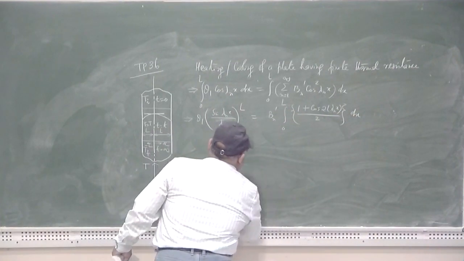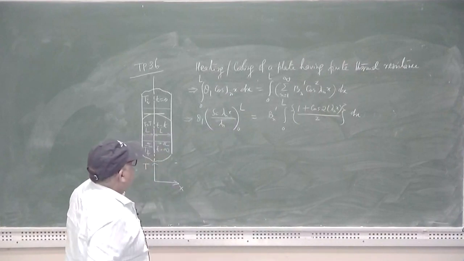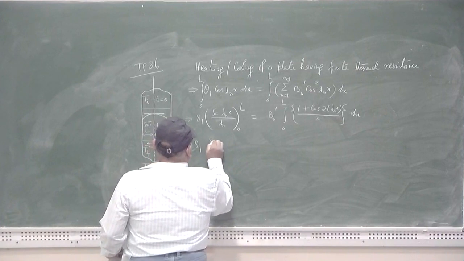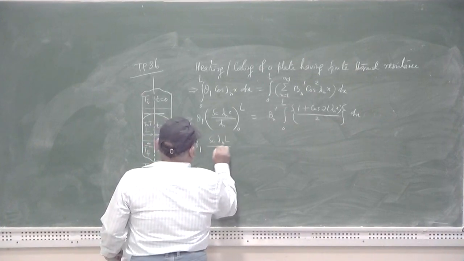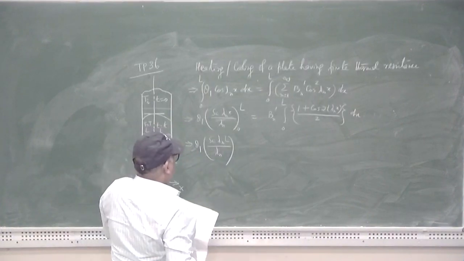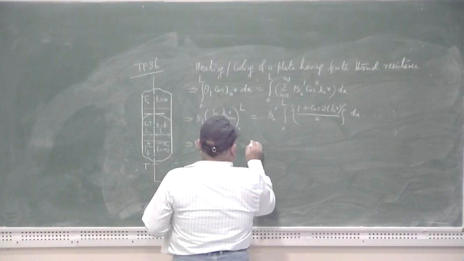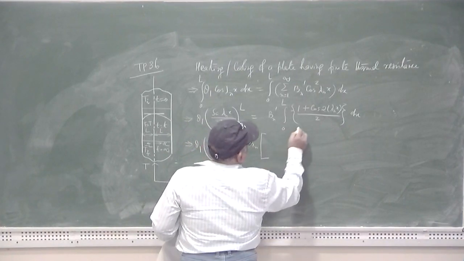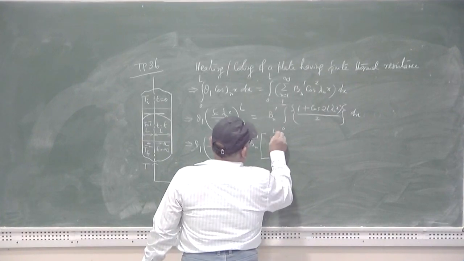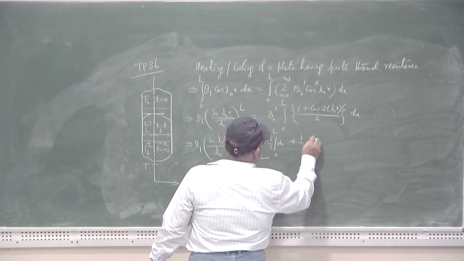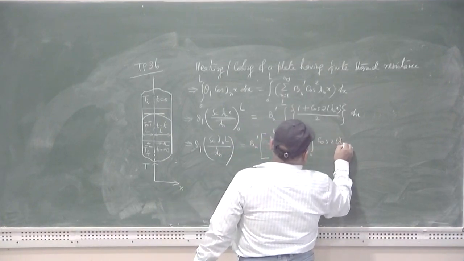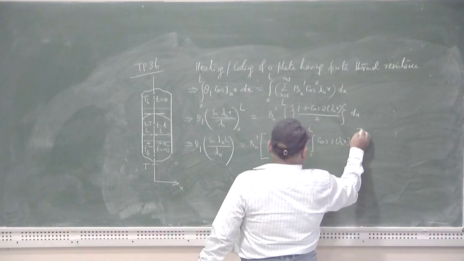Carrying out the integration further, we can write theta 1 sin lambda nL by lambda n, because sin 0 is 0, that is equal to bn dash integration half dx from 0 to L plus half integration cos 2 lambda nx dx.